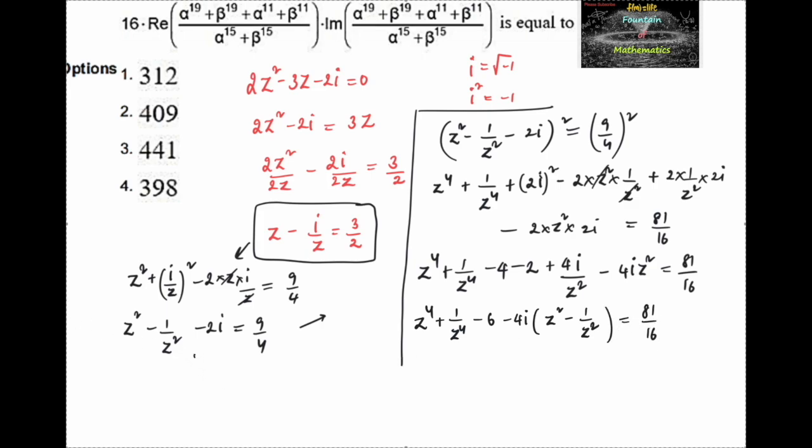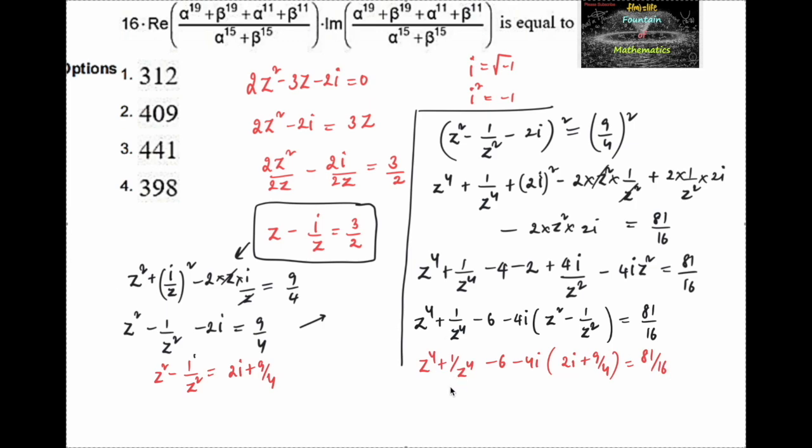So from here we can write z square minus 1 upon z square is equal to 2i plus 9 by 4. So z power 4 plus 1 by z power 4 minus 6 minus 4i into 2i plus 9 by 4, which is equal to 81 by 16.